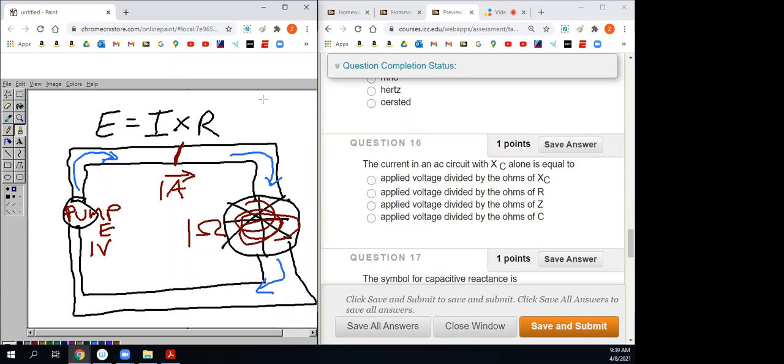This being said, if voltage equals amperage times ohms, the current in an AC circuit with capacitive reactance alone is equal to what? Is capacitive reactance the same as ohms? Right, so in an AC circuit with capacitive reactance, the formula would be volts equals amperage times capacitive reactance.